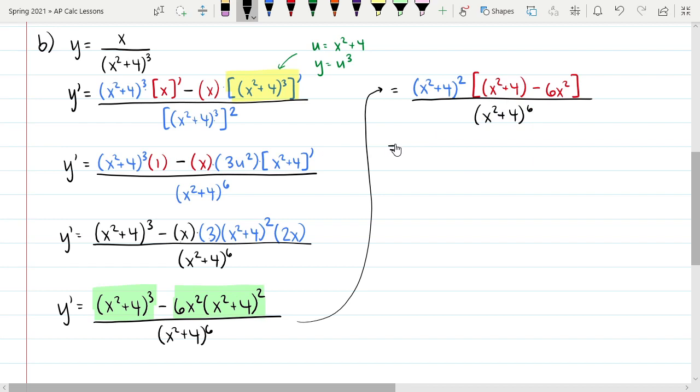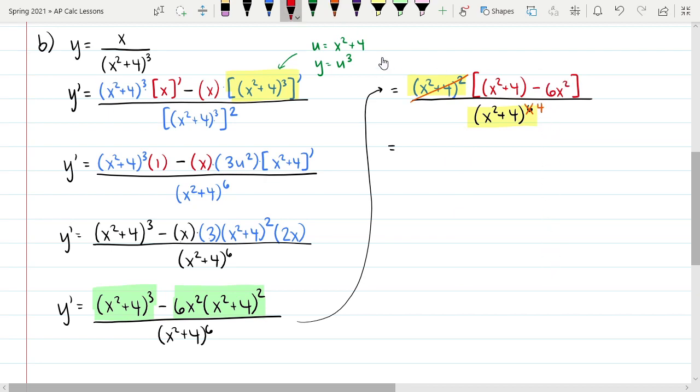Now, if you notice, in my numerator I've got x squared plus 4 to the second, and I have an x squared plus 4 to the sixth in the denominator. These are factors, so I can cancel out those two factors of x squared plus 4 with two of these factors, which would drop this down to a fourth power.